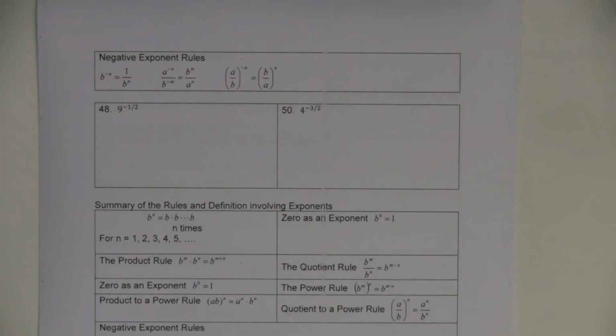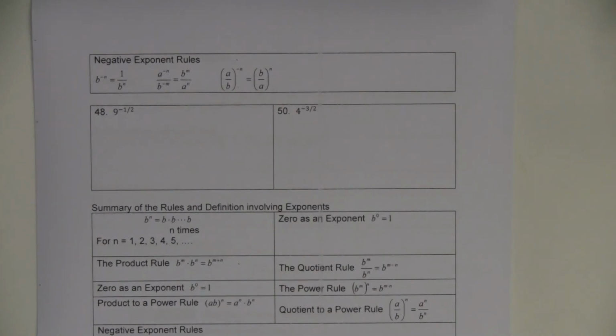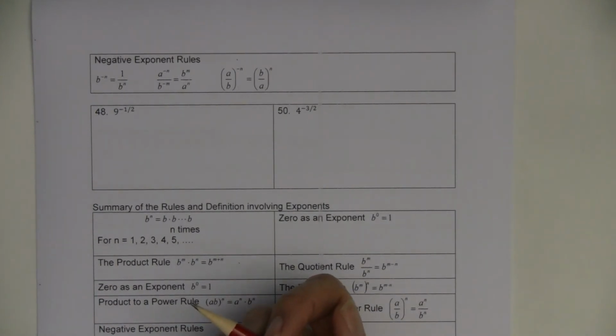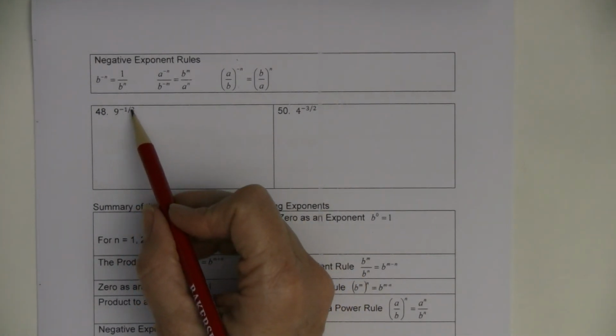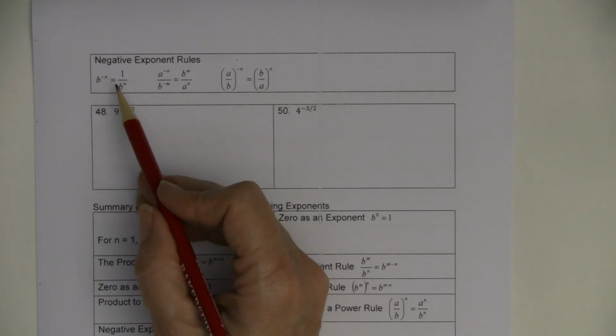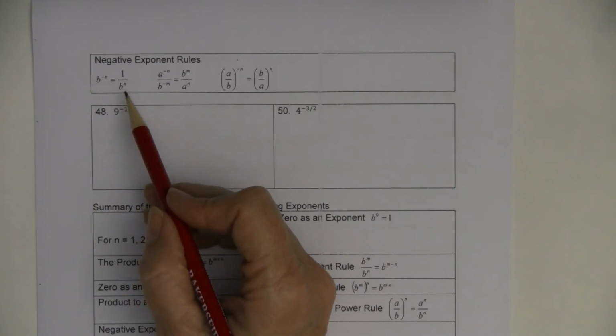Then they remind you of the negative exponent rules that we learned in Chapter 4, and we haven't used them for a really long time, but they're going to bring them up again. I can write 9 raised to the negative 1/2 with a positive exponent by simply writing the 9 to the half in the denominator.